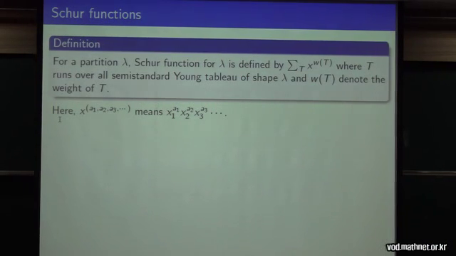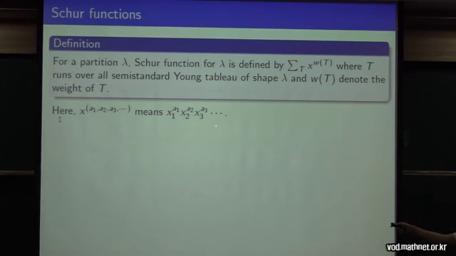A Schur function is basically a generating function of the semi-standard Young tableaux of a fixed shape lambda. I just explained the weight, and x to the weight is defined here. x to the sequence a1, a2, a3 means x1 to the a1, x2 to the a2, x3 to the a3, and so on.